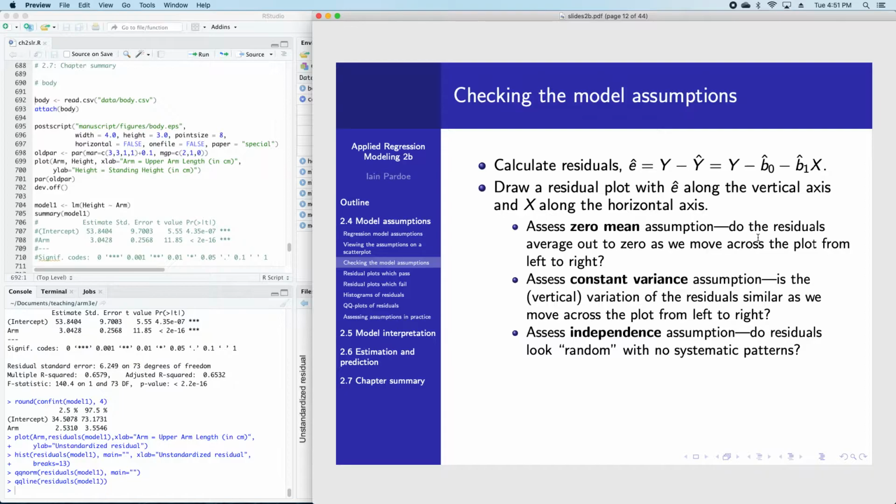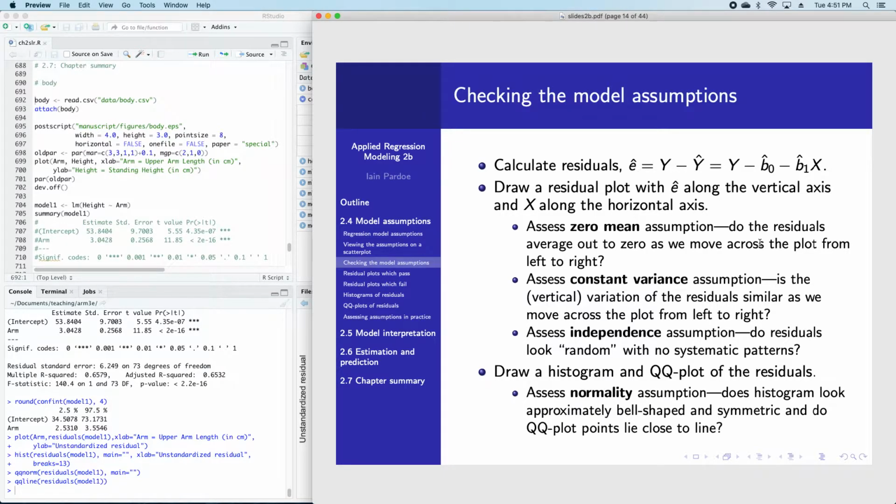The normality assumption is a little difficult to check in this residual scatter plot, so instead we can assess normality as a whole by either looking at a histogram or a QQ plot of the residuals. We talked about those in chapter 1, and ideally the histogram should look approximately bell-shaped and symmetric, and on the QQ plot the points should lie along the diagonal line.